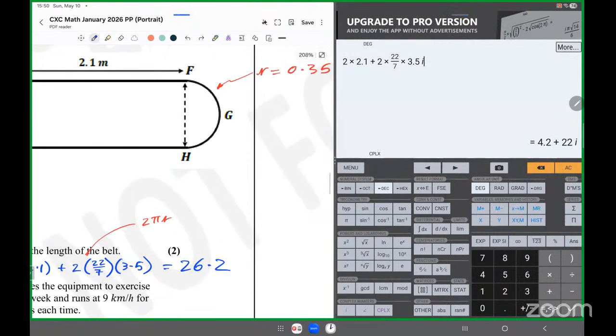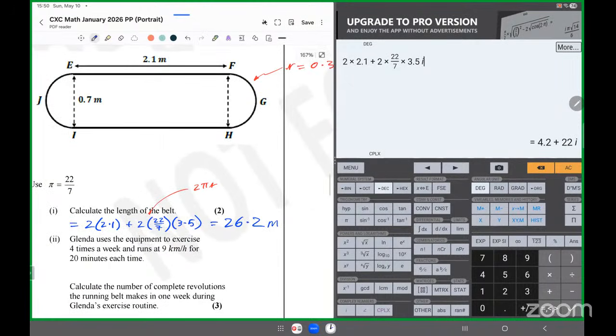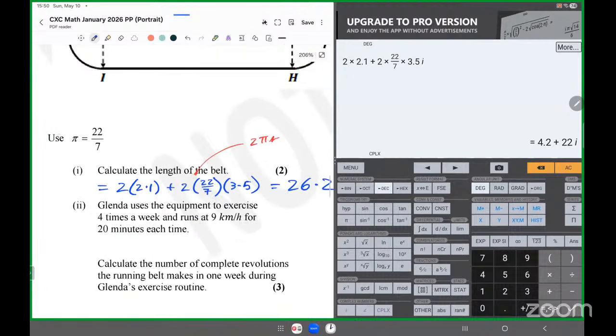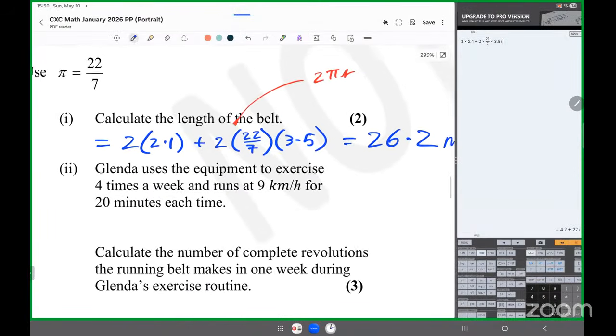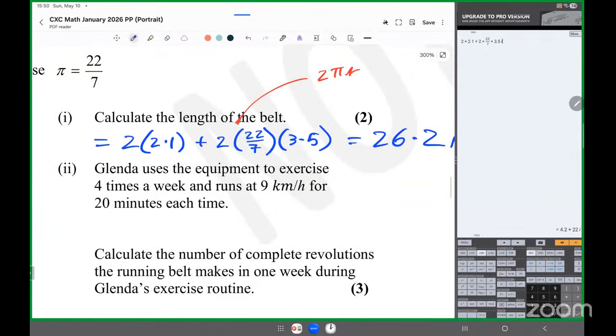That's the length of the belt. It says Glenda uses the equipment to exercise 4 times a week. 4 times in a week she's using it. And she runs at 9 kilometers per hour. And she runs for 20 minutes each time.